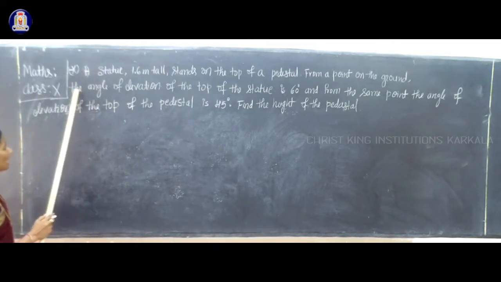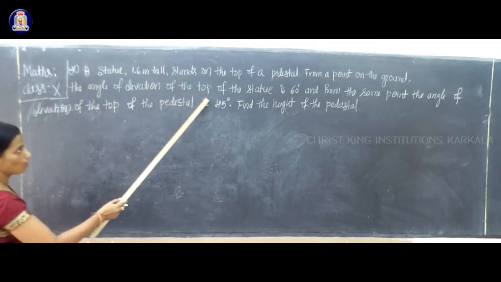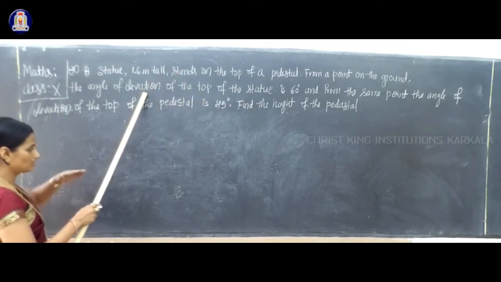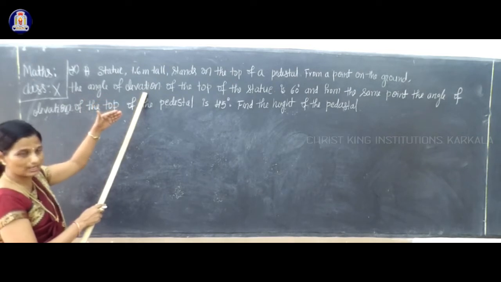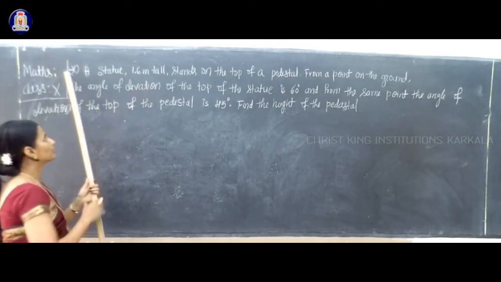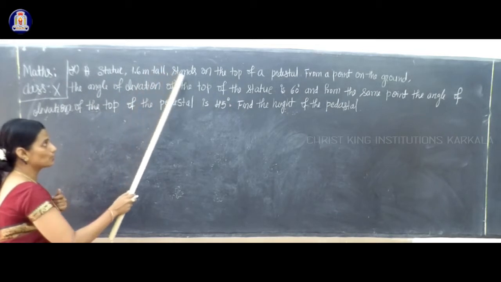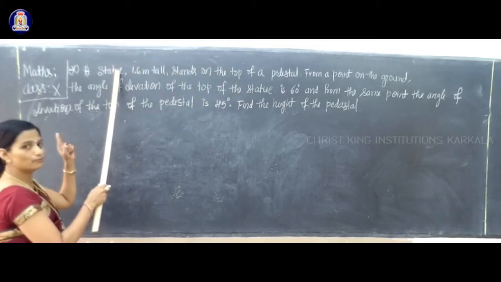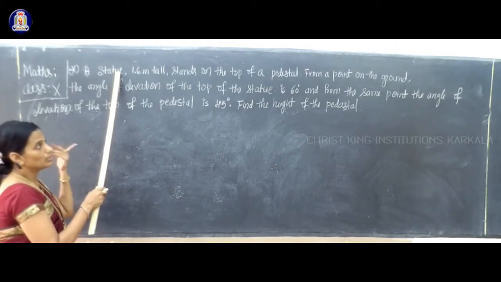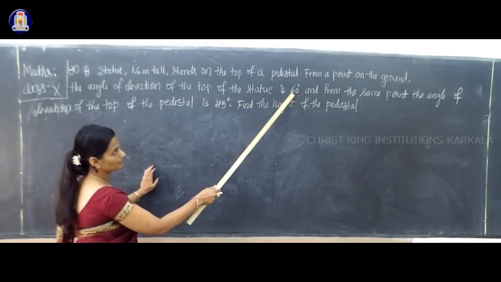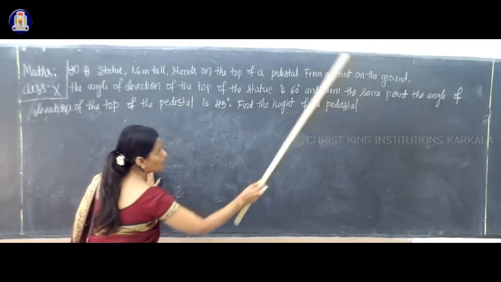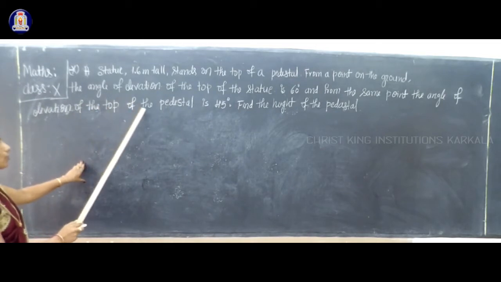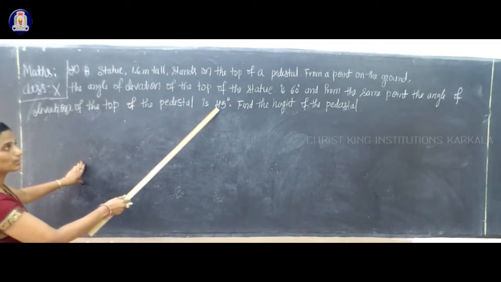Okay? The angle of elevation. Angle of elevation means above the horizontal line, so your angle goes like this. The angle of elevation of the top of the statue is 60 degree. And from the same point, the angle of elevation of the top of the pedestal is 45 degree.